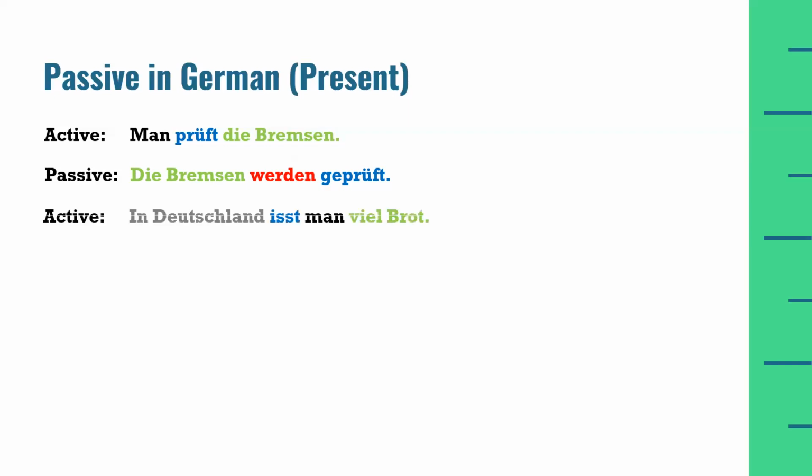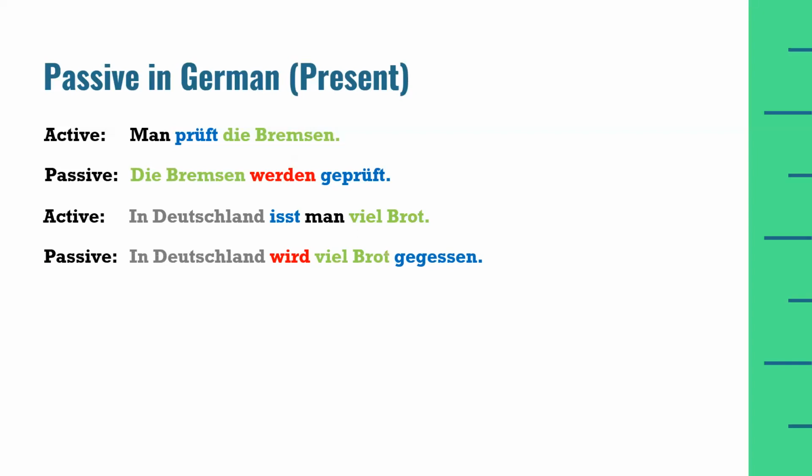Another example, in Deutschland isst man viel Brot. In Germany, one eats a lot of bread. If there is a preposition at the start of the sentence, it will remain as it is.